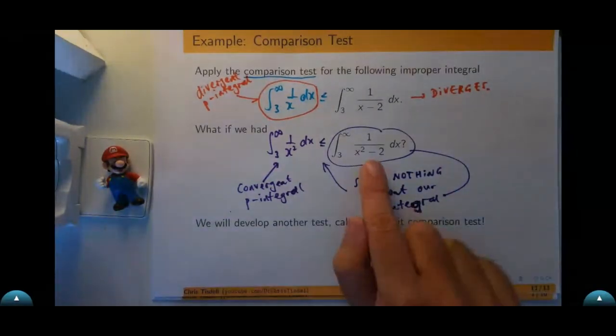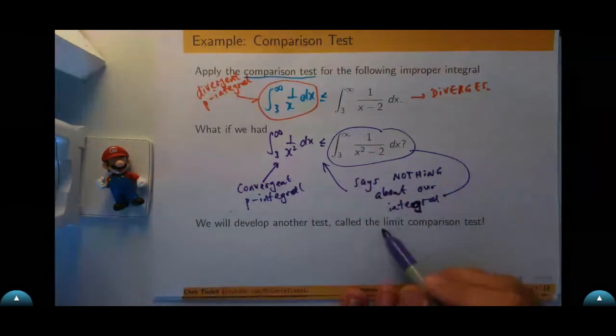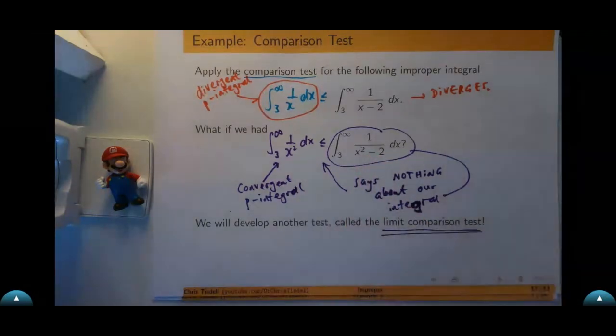So what we need is more tests. But let me ask you a question. In that final example, do you think the integral converges or diverges? Let me go back to the document camera.